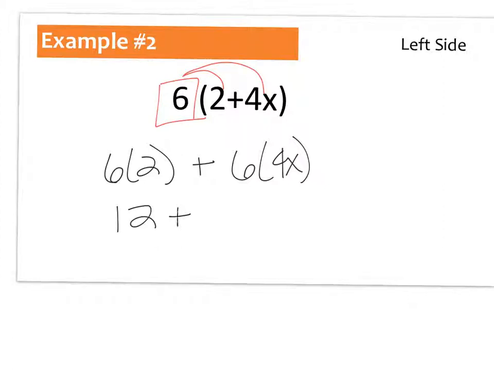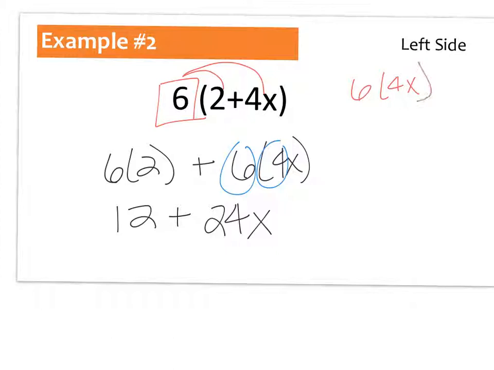Now, this one's a little bit tricky, all right? A good way to think about this is, you know what 6 times 4 is, right? 6 times 4 is 24. And then we don't know what the x is, so I'm going to just bring it down, okay? I'm just going to multiply the two numbers and bring down that x. But another way to think about it is, if it's 6 times 4x, what that means is I want to see 4x 6 times.